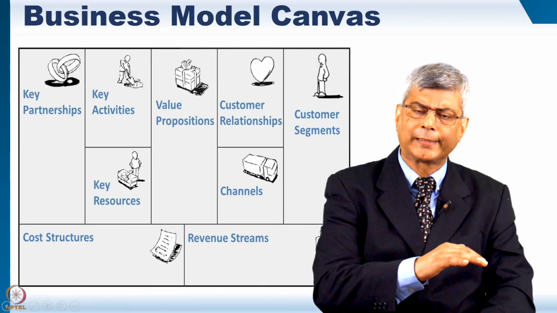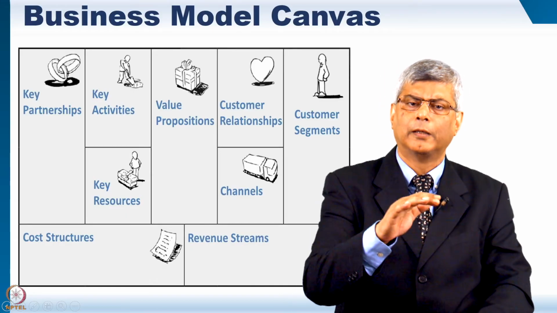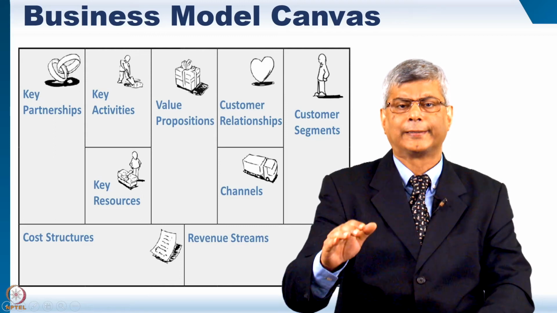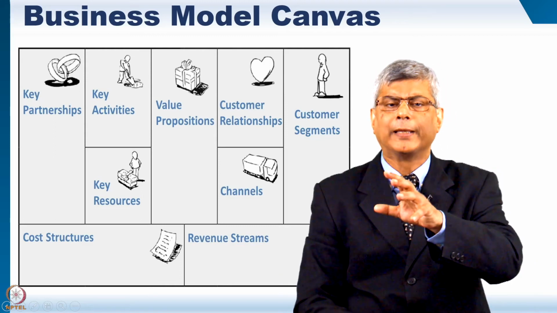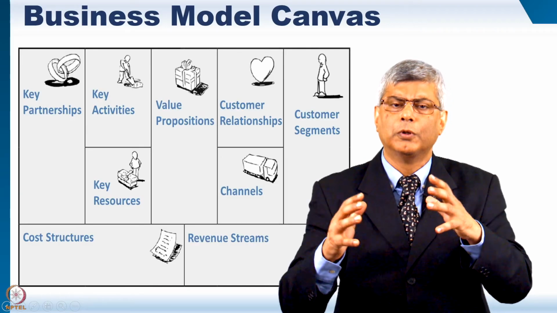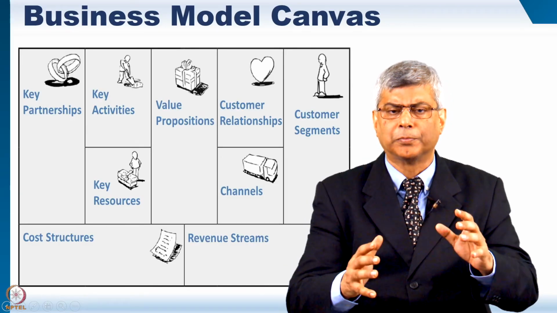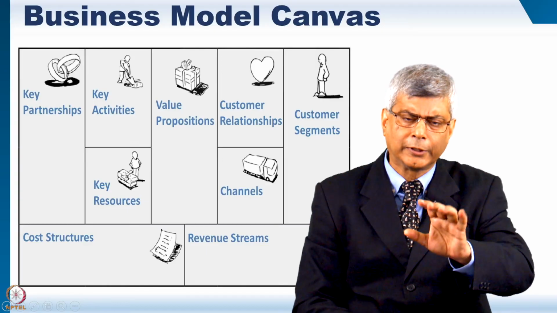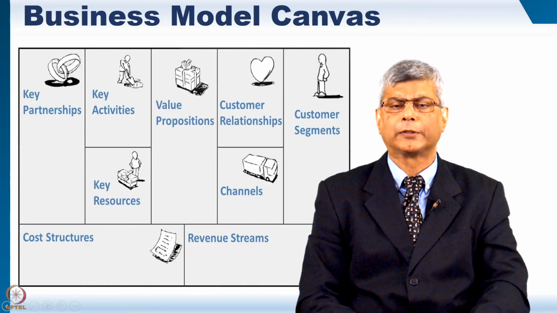As you saw in the previous slide, a gentleman called Mr. Alexander Osterwalder defined a simple way to make your business model. And if you look at what's on the screen, this is called a business model canvas.